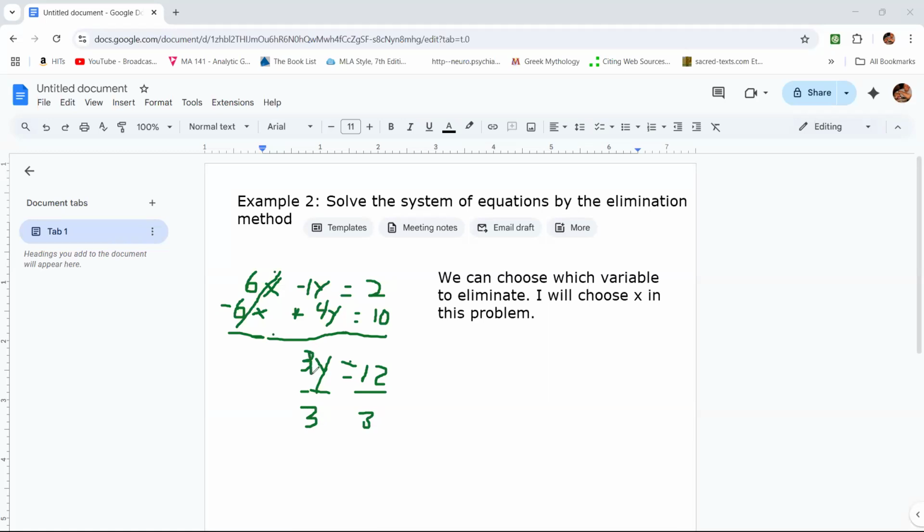So these cancel to 1, and we get y equals 4. Okay, this is 4 now.